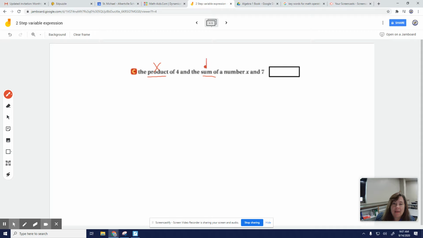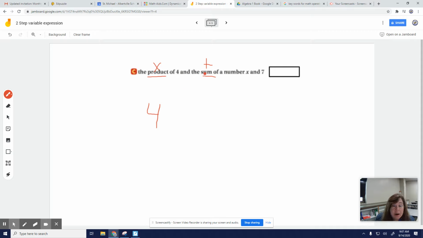Sum is adding. So the product of 4. So I know I'm multiplying by 4, but I'm not really sure at this point what I'm multiplying. Product of 4 and, all right, so here's our and. This is what we're multiplying by.